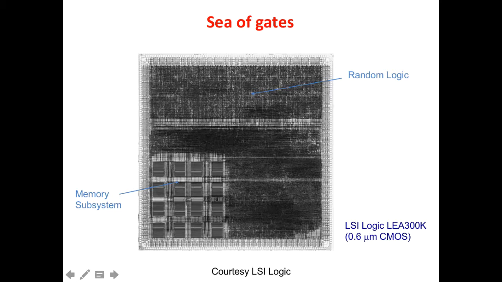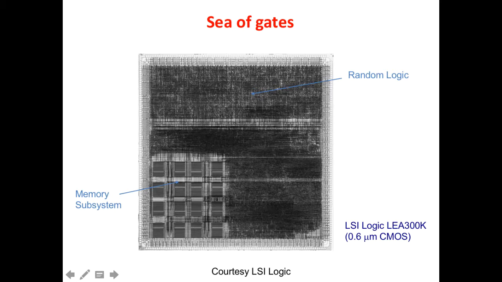Basically, you only see the interconnections, these red lines here, and they are pretty random because you have some random logic, and the interconnections are put by hand or automatically, but on some logic that is not modularized.